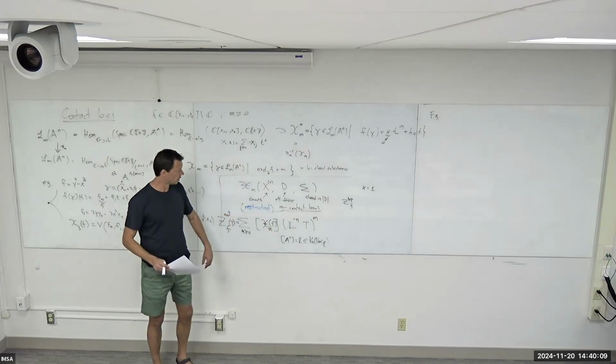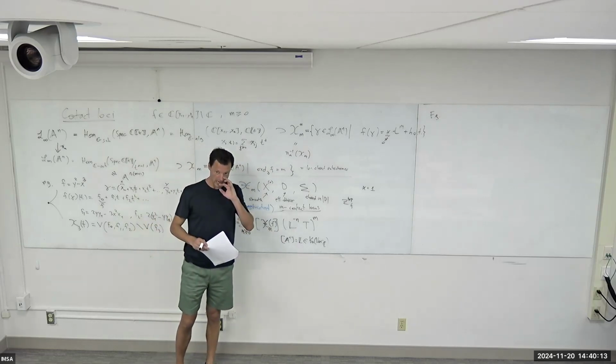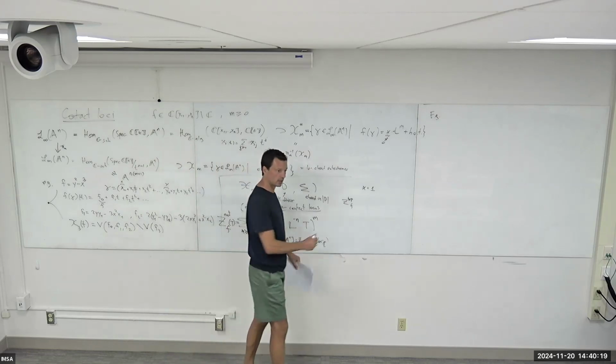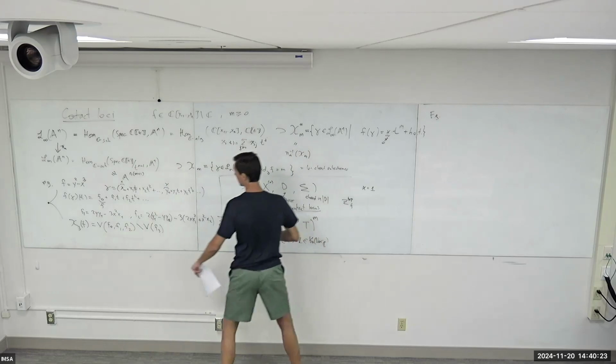You have to do something before. You have to get rid of L minus 1, because that's C star, and if you take the Euler characteristic of that, you make everything 0. So anyway, you get the topological zeta function from the motivic one, and I'll do it for the cusp.